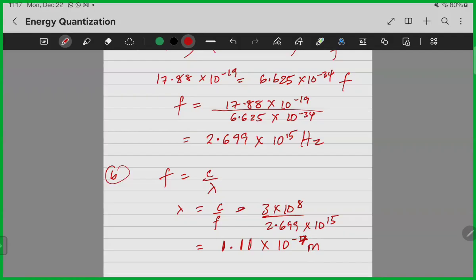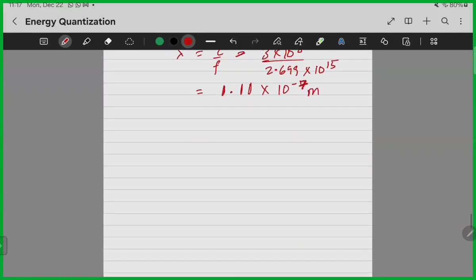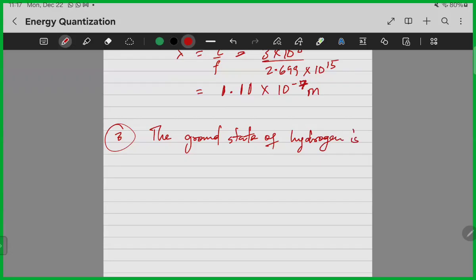Let's take some more examples. Let's take 2 more, or maybe 1 more. And that will be example 3. The ground state of hydrogen is minus 26.3 electron volt, and the second state is minus 10.3 electron volt.